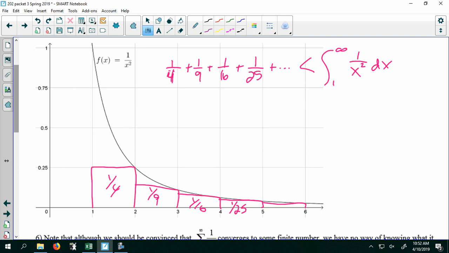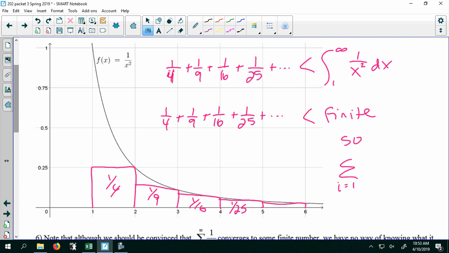Yeah, we know that that integral converges. So my sum is less than something finite, which means it must also be finite. The sum from n equals 1 to infinity of 1 over n squared converges.